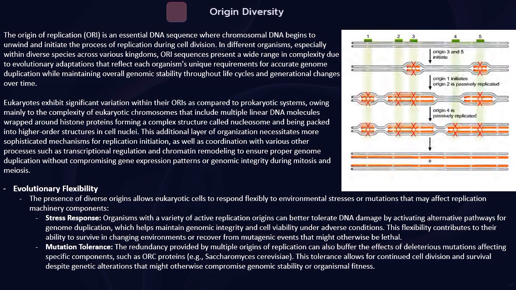For example, there are five origins of replication in this given image. If any kind of deleterious mutation happened in three of these regions, then the other two can act as the origin of replication. Thus, there will be much less.